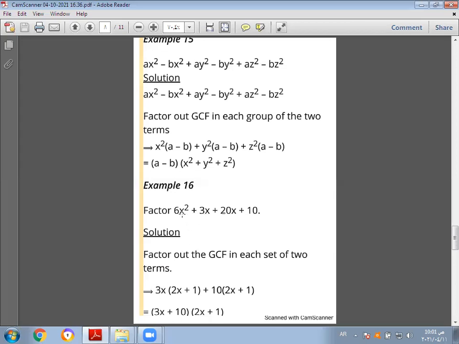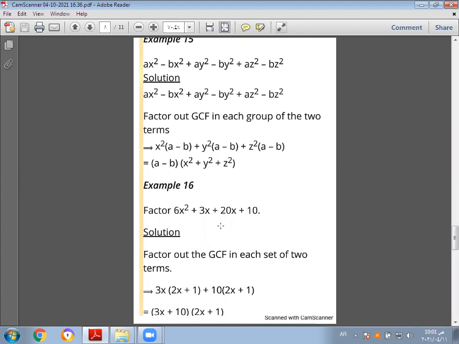Dividing 6x power 2 by 3x: 6 divided by 3 equals 2, and x power 2 divided by x equals x. The second term: 3 divided by 3 equals 1, and x divided by x is gone.